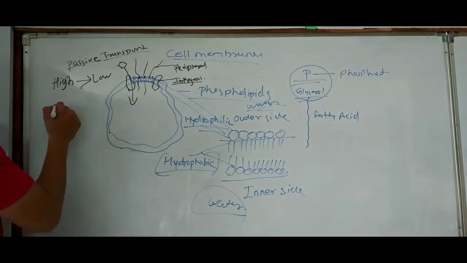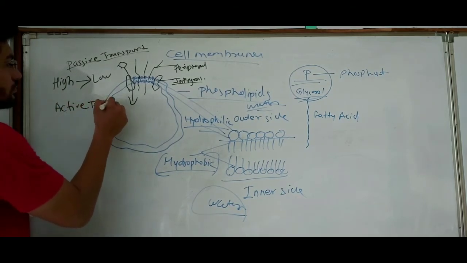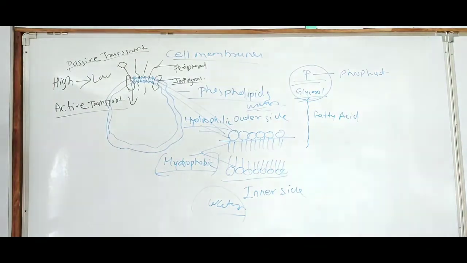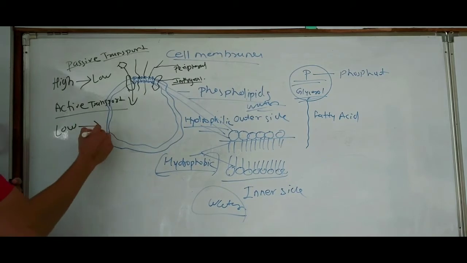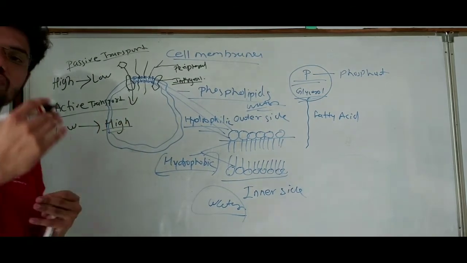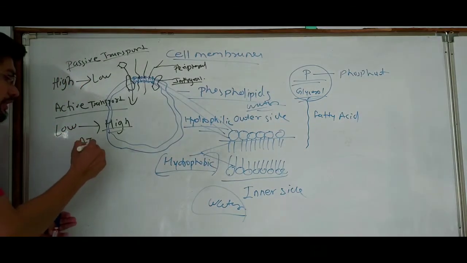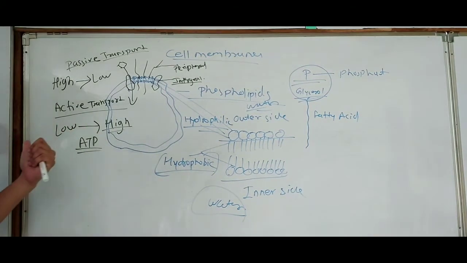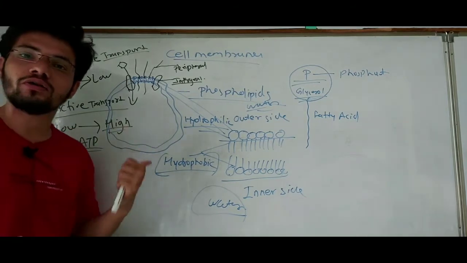Another type is active transport, which means molecules are moving against the concentration gradient, from lower concentration to higher concentration. As they are moving against the concentration gradient, they require energy; ATP molecules will be consumed to move these molecules from low to high concentration.